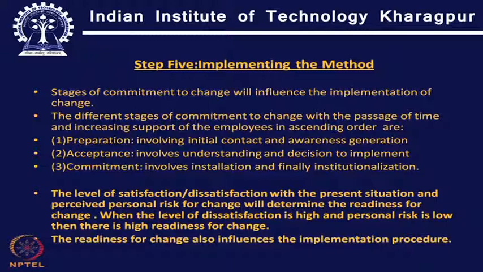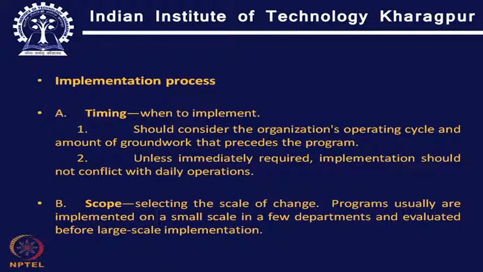Also, how far personal risk is involved in these situations will determine the readiness for change. If the level of dissatisfaction is high and personal risk is low, there is high readiness for change. The readiness for change also influences the implementation procedure. If one is ready for the change, it is easy to implement.